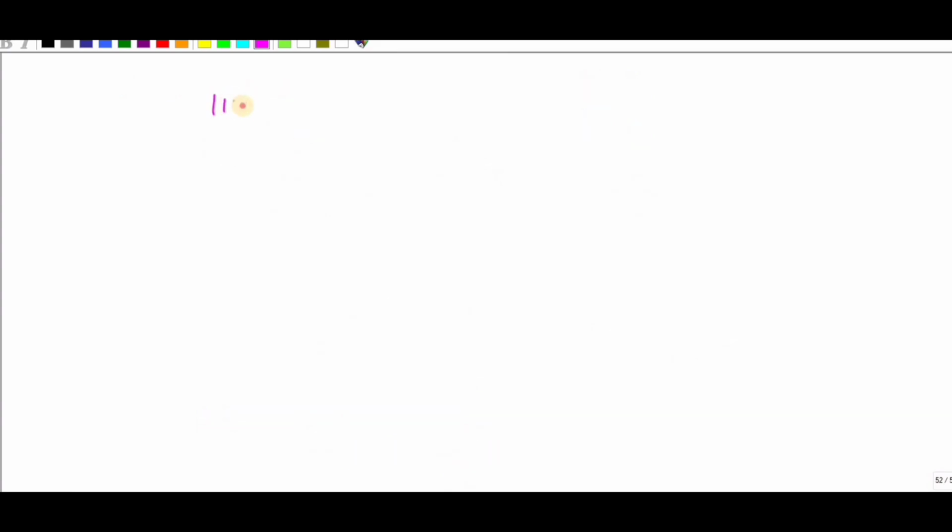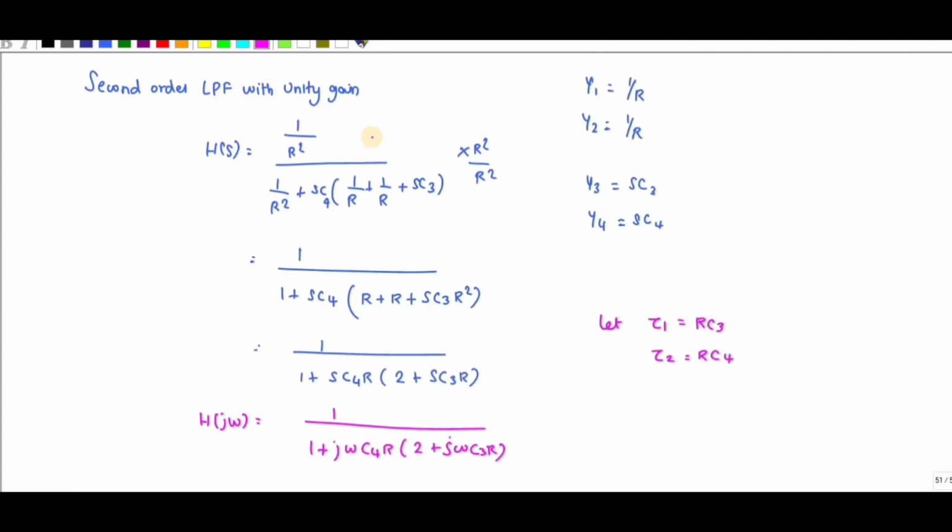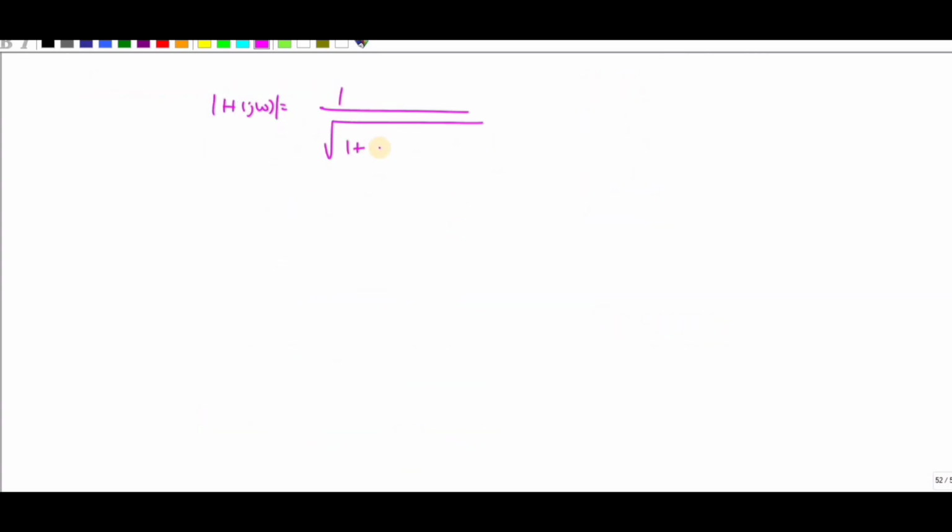If I take the magnitude of this value, I'll get 1 divided by root of 1 plus omega C4R.